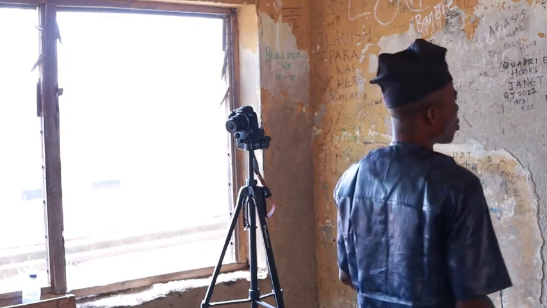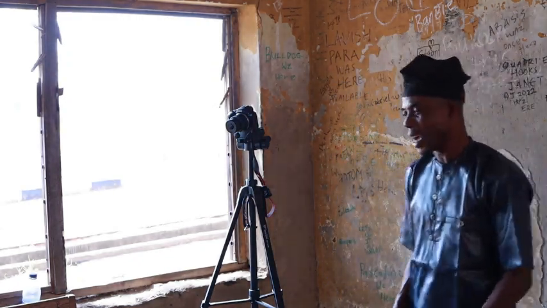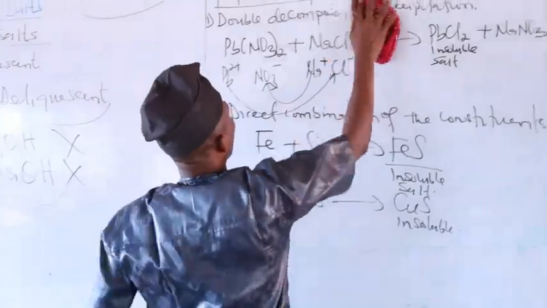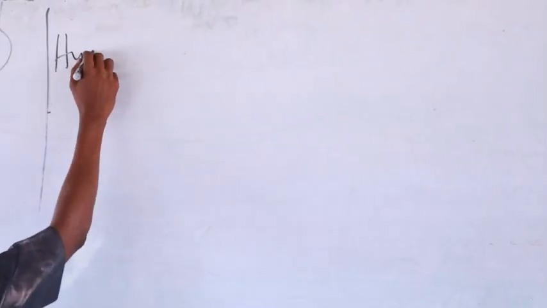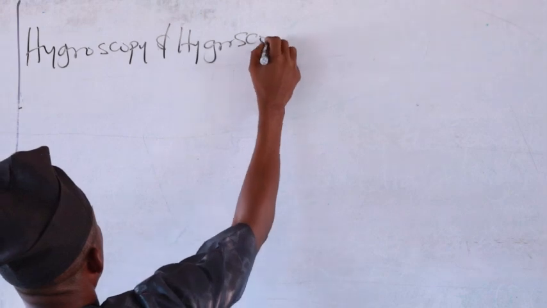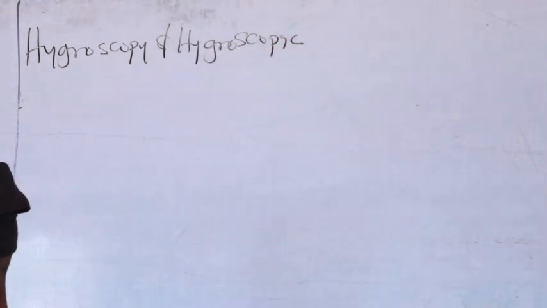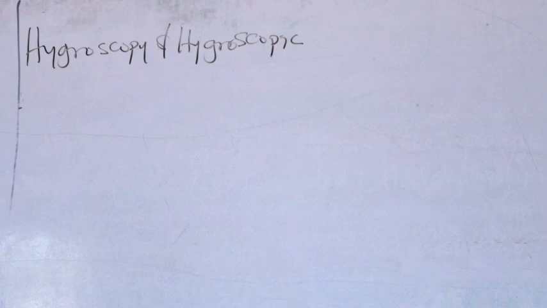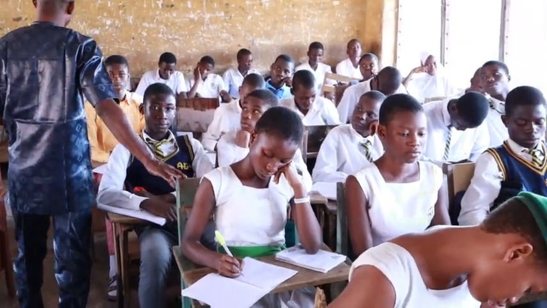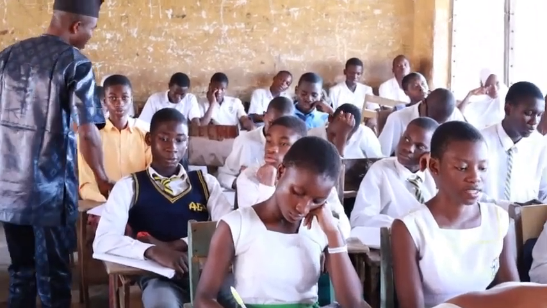Now, let's go to the next one. Hygroscopy and hygroscopic. A substance that absorbs moisture but not large enough to turn into solution is referred to as a hygroscopic substance.